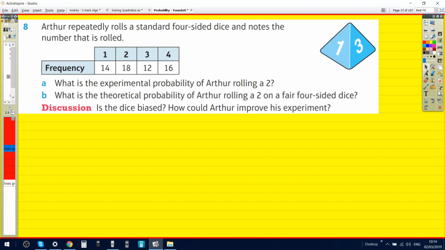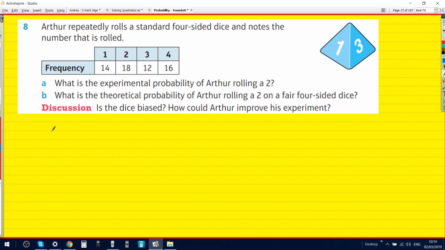So the 18 over 50. It's not 50. Hold on. So 30. Oh, is it 60? Yeah. Do we have to simplify it or? No. Okay.